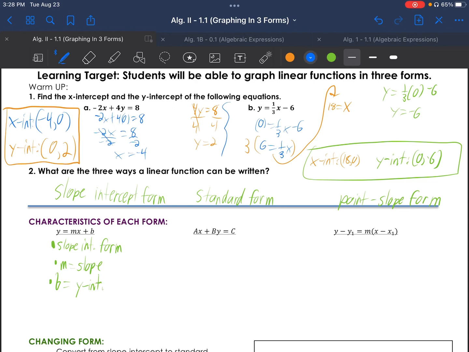Some notes on standard form, which is ax plus by equals c. So a and b are not 0.